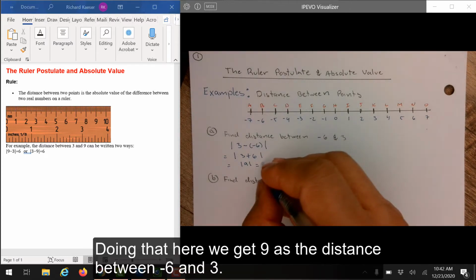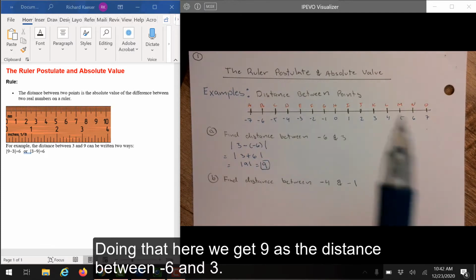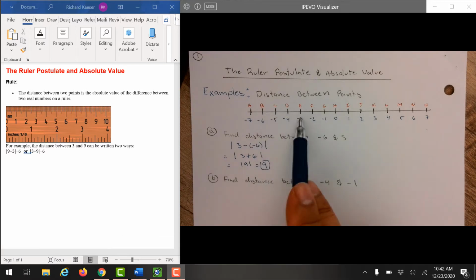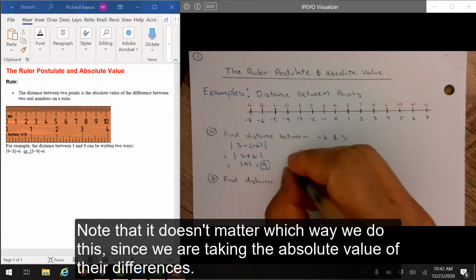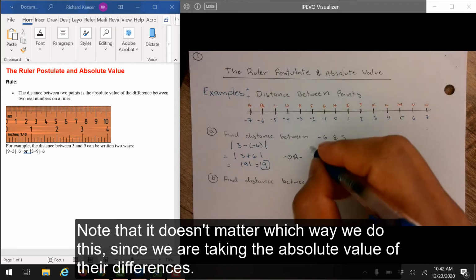Doing that here, we get 9 as the distance between -6 and 3. Note that it doesn't matter which way we do this, since we are taking the absolute value of their differences.